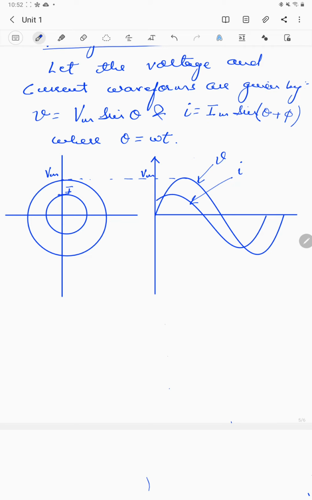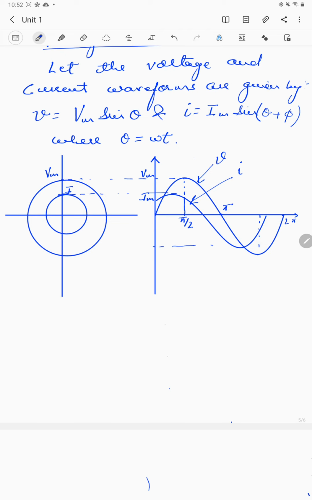This is your Im, the maximum current, and as you can see it is coming here, so this must be pi by 2, 90 degrees, this must be pi, 180 degrees, and this must be 2 pi.